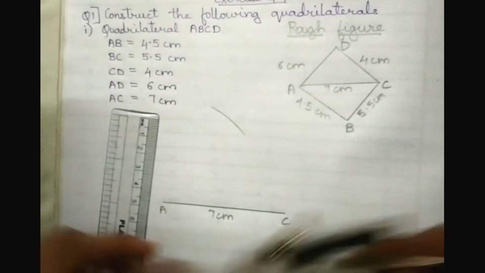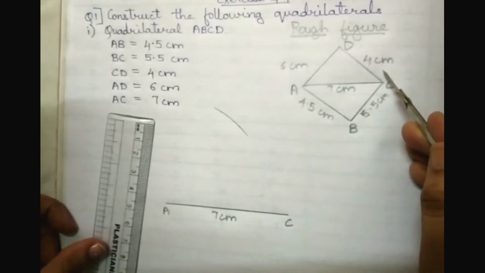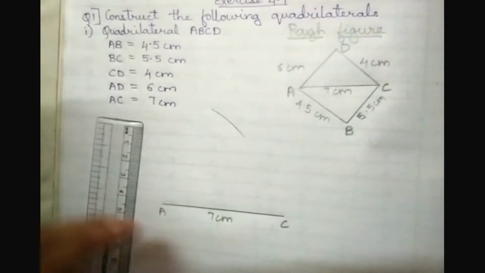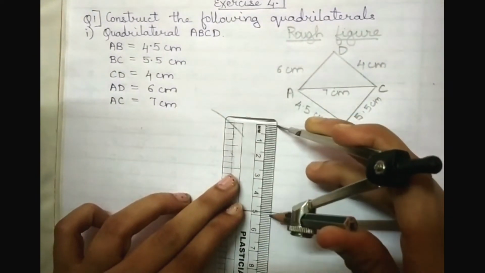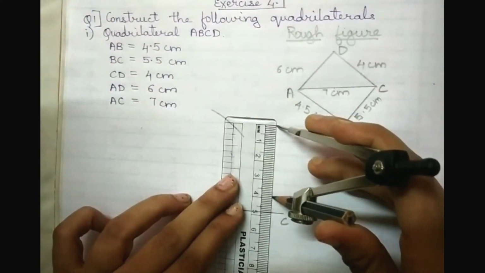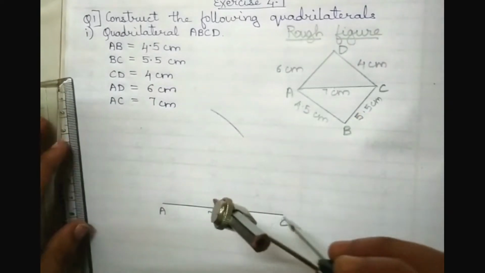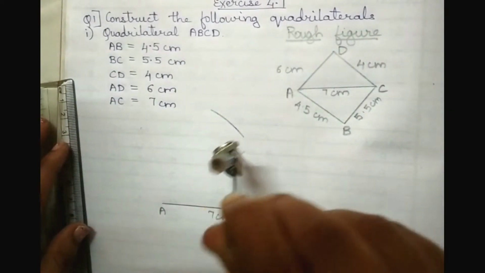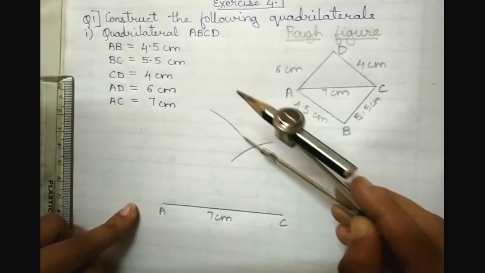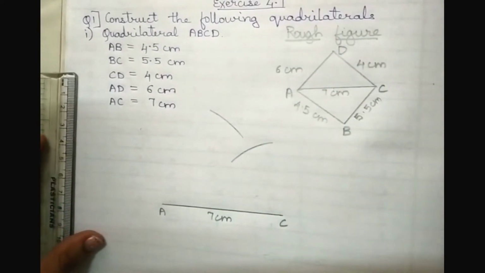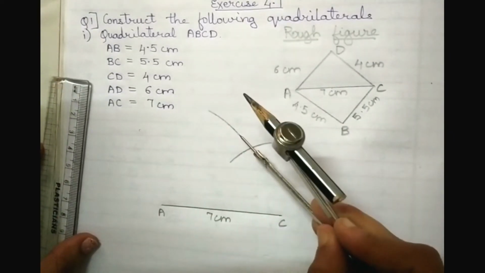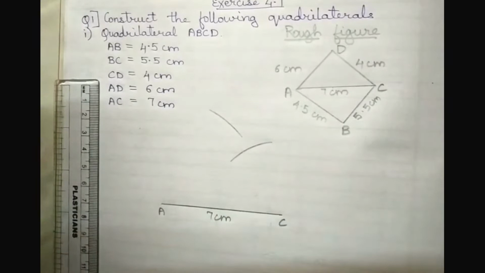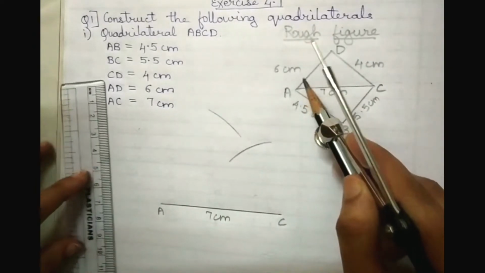Now on the other side, that is CD, we have it as 4 centimeter. So I will take the measure of 4 centimeter on my compass and I will mark an arc of 4 centimeter. Now students, if you look here, both these arcs are not intersecting each other. So I will increase the first arc that I have drawn, that is of 6 centimeter.